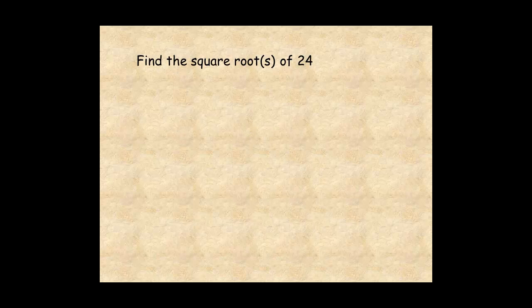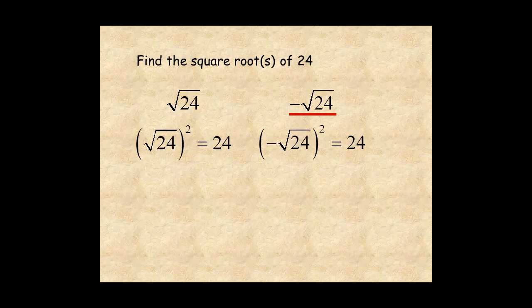Find the square root or roots of 24. Because 24 is not a perfect square, the square roots of 24 are irrational, and they're represented by the expressions radical 24 and negative radical 24.